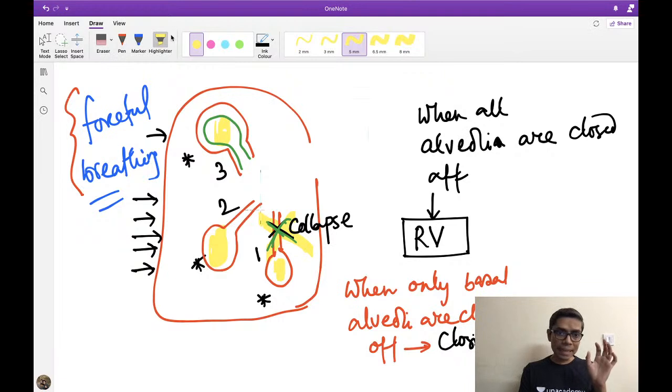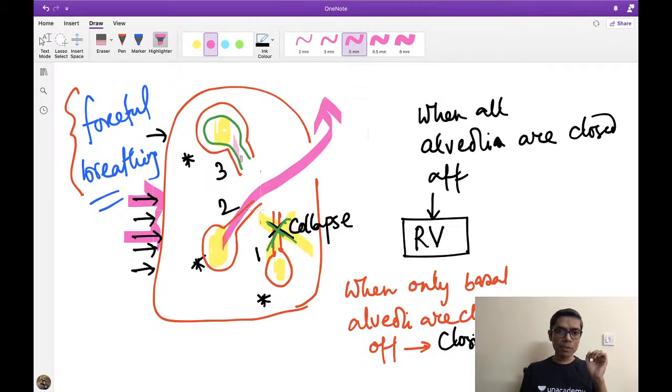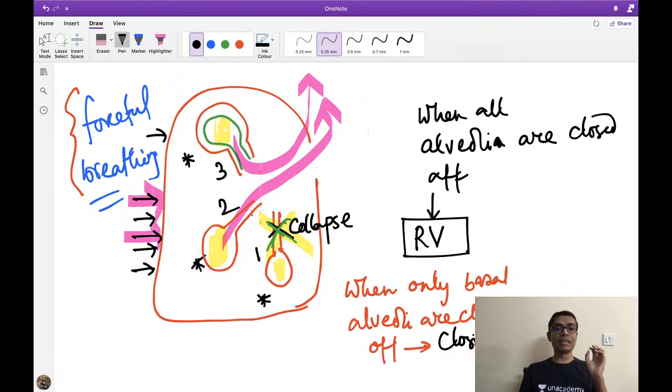Now if you maintain this forceful expiration for some more time, some more air will come out from the middle part alveoli, some more air will come out from the apical alveoli, and then there will be closure of the middle part alveoli and the apical alveoli. When all of these alveoli are closed, already the basal is closed, now the middle is also closed, the apical is also closed. In this condition, the remaining volume which is present here is known as the residual volume.